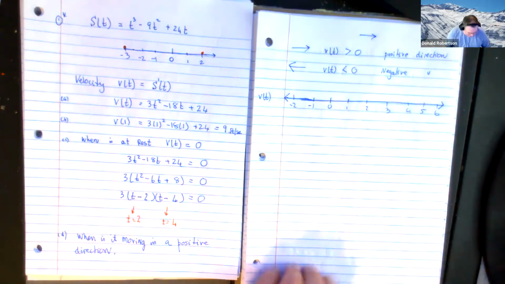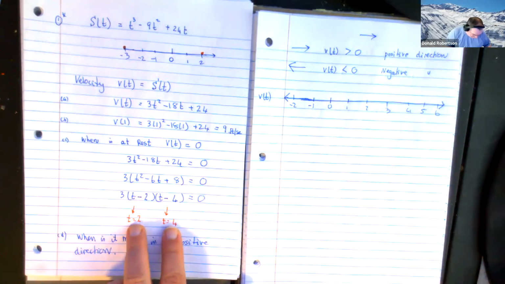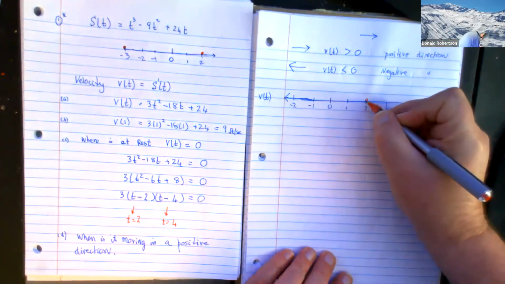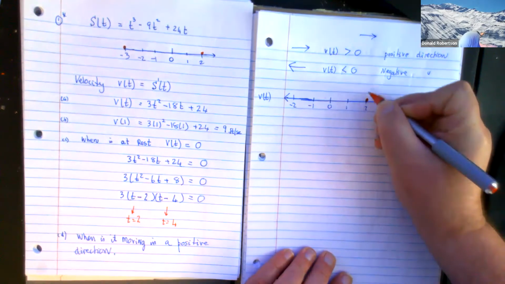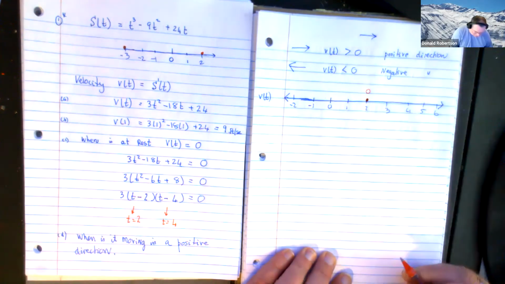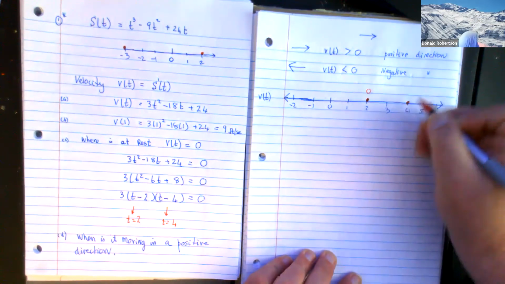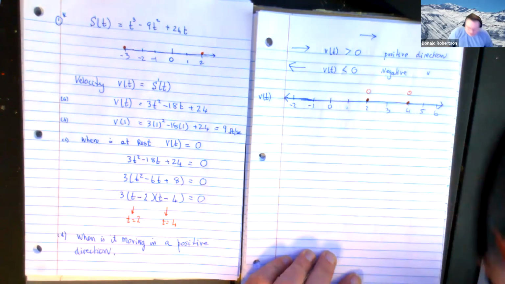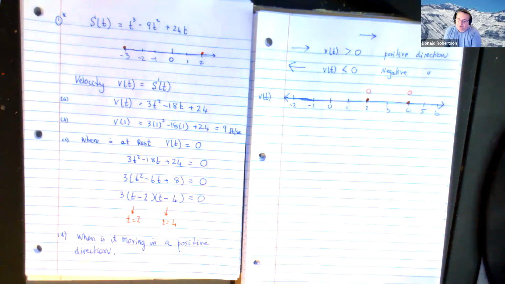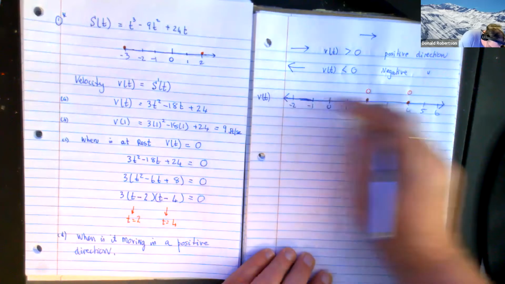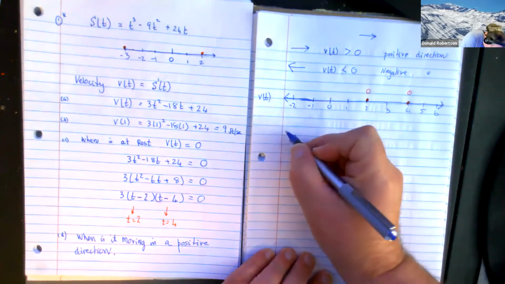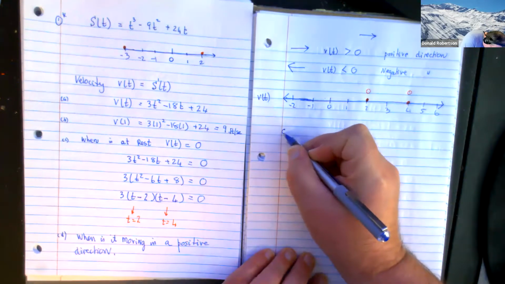So you put a number line that at least includes these 2, and you put a little dot there at the 2 second mark, and you put 0 to remind yourself that the velocity is 0 here, and then you take another one and you go 0 here, and you make sure that you put a 0 in there as well.